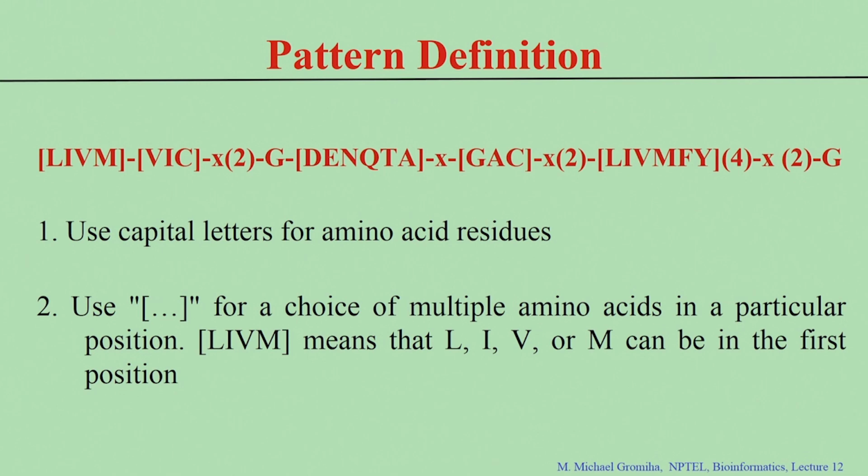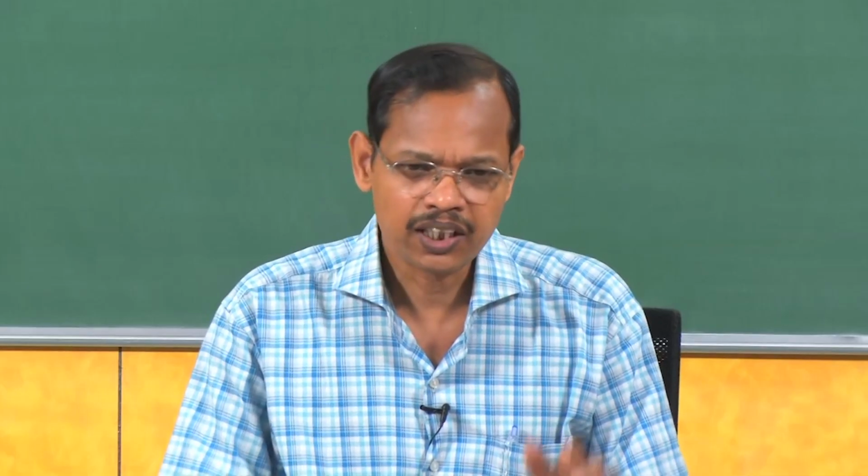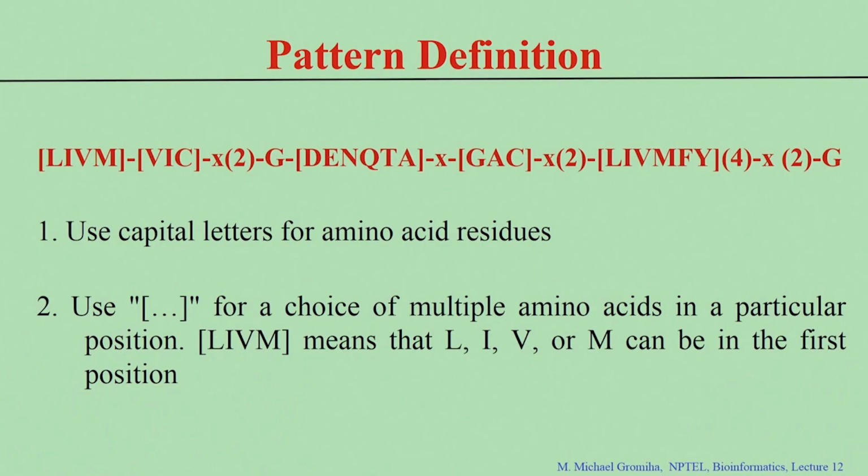Now, in the amino acid sequence, it is also possible to identify any specific motifs or patterns. In this case, we define a specific definition for defining patterns. For example, we take any sequence, say 5 residue segments or 10 residue segments, and check whether they possess any specific patterns.